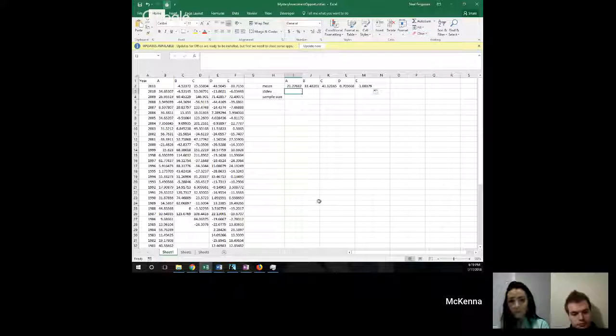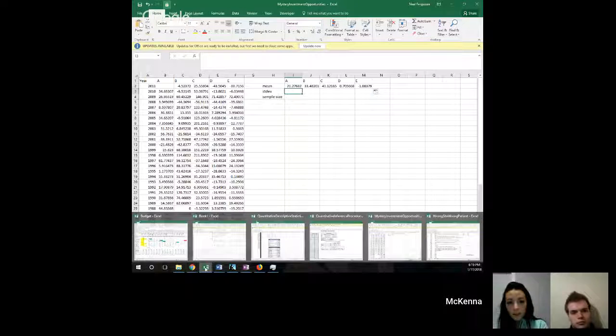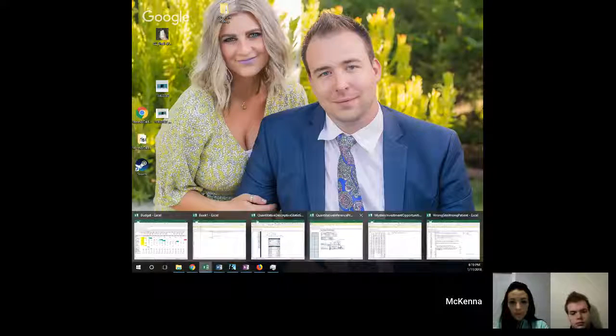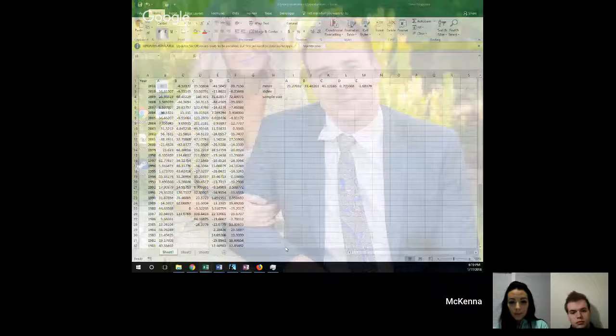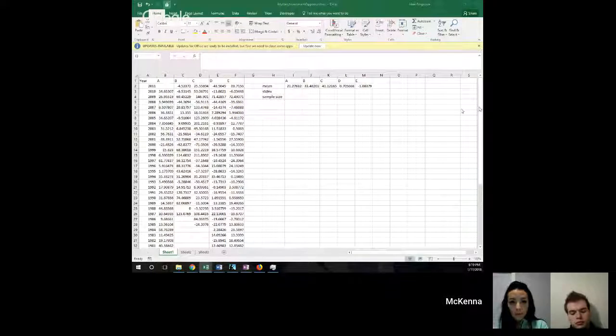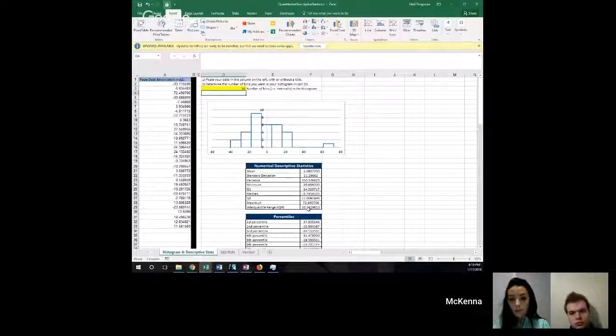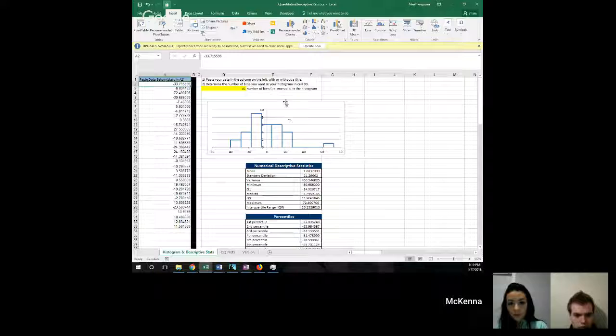Yeah, and then also there was another sheet that we were given for generating the graphs. It's already got all of the formulas put into this sheet. It gave us the sheet on the preparation assignment, but all we do is copy and paste.